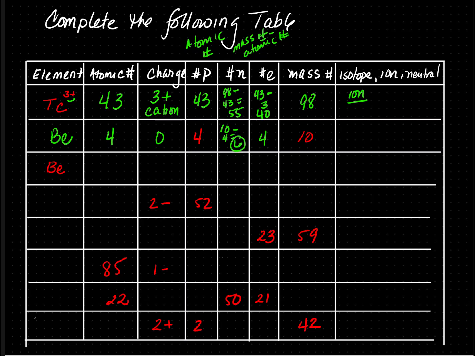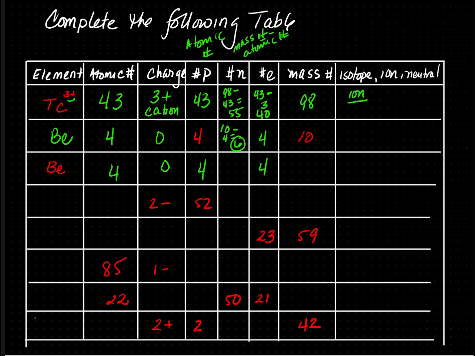We also have beryllium again in the next row. Atomic number is still the same. The number of protons is the same because it's the same element. This one is a neutral atom because no charge was provided. So the number of electrons will equal the number of protons.